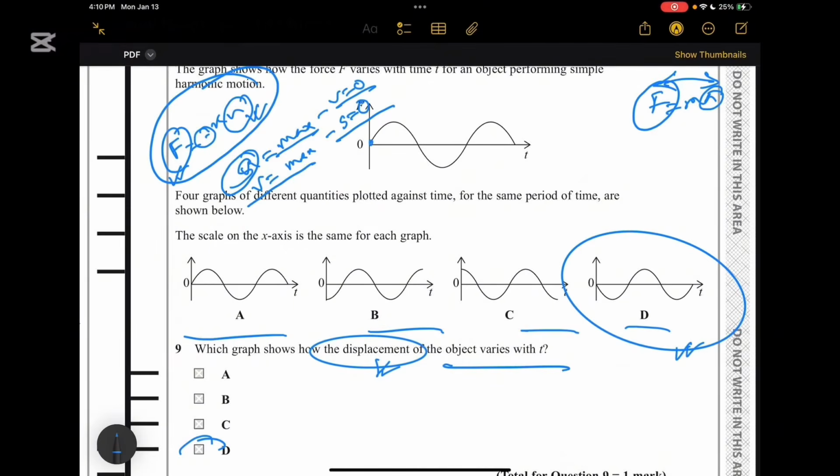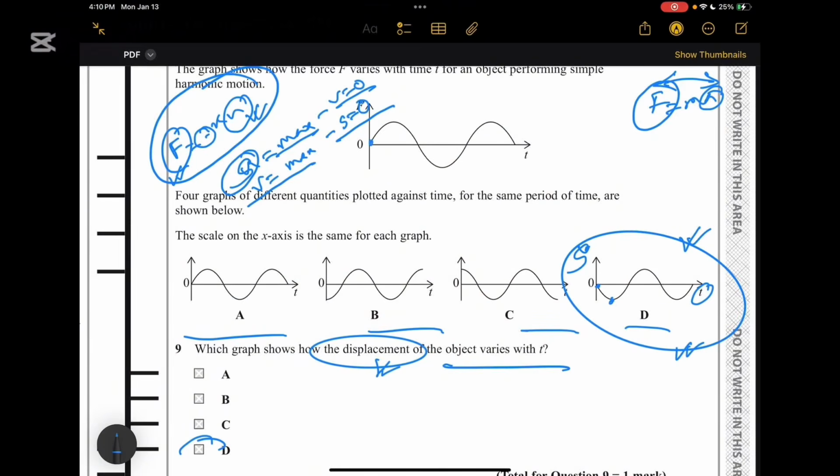So let's take this graph. This is a VT graph, right? Sorry, this is the displacement time graph. If the displacement is 0, the velocity will be at max. And when the displacement is at maximum, like this, the velocity will be 0.